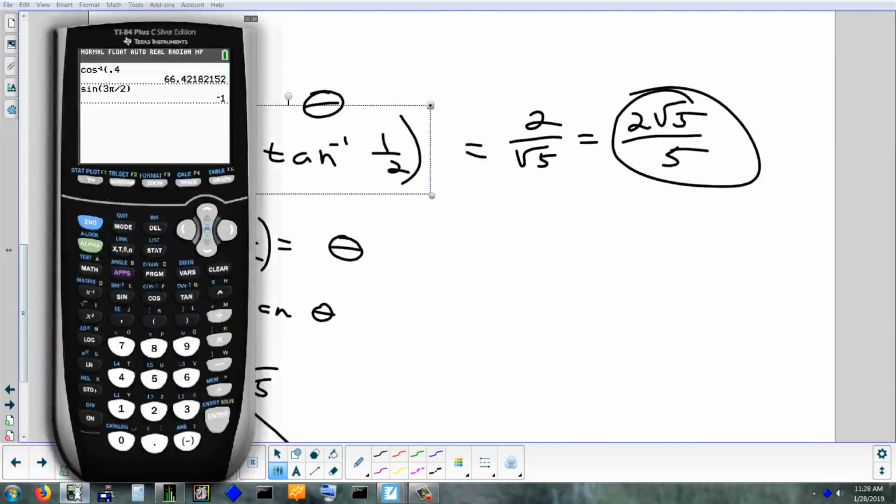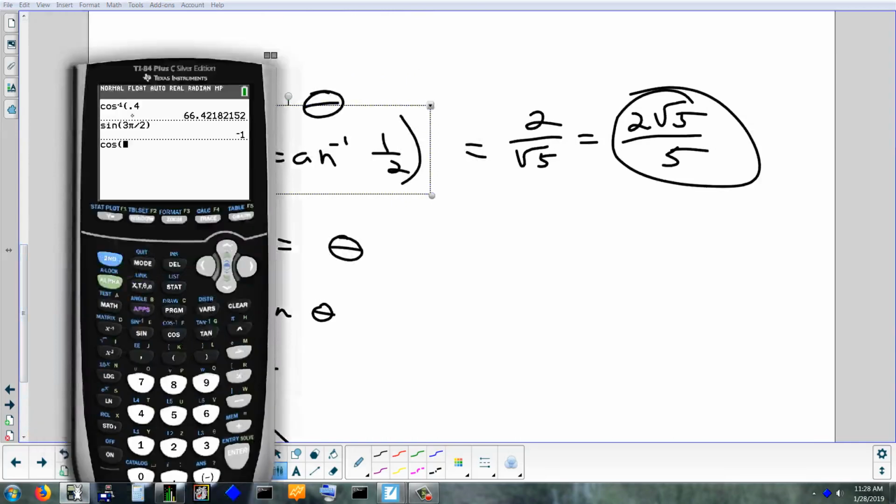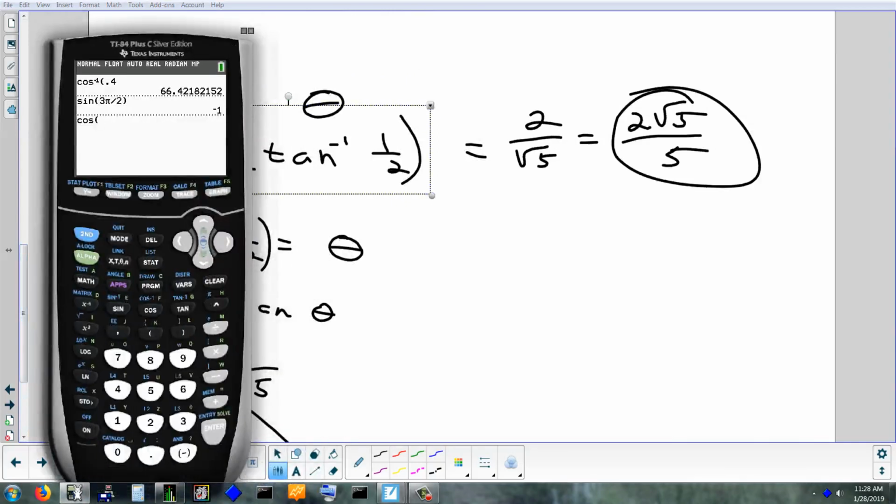Let's check and see. If we type in the cosine of the inverse tangent of a half, they didn't say whether they did degrees or radians, but I'm pretty sure they're using radians. 0.894427.